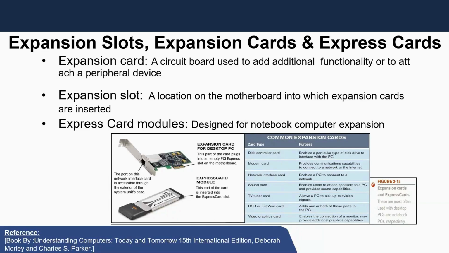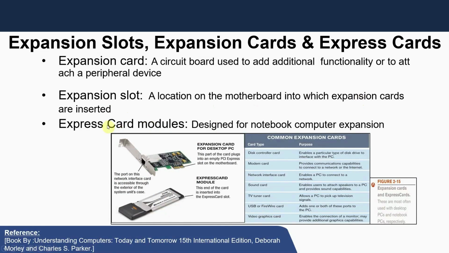For example, Wi-Fi is also available as a PCI card. The image that we have seen on your computer screen is of the expansion card for Ethernet networks, the network interface card, or in short NIC. Then we have the expansion slot where it needs to be inserted.